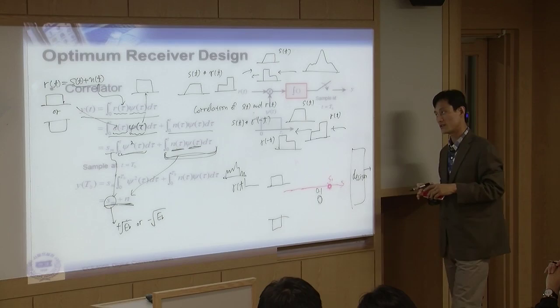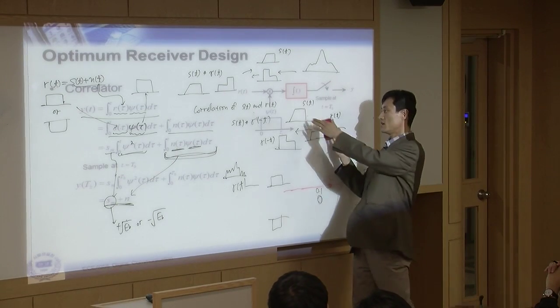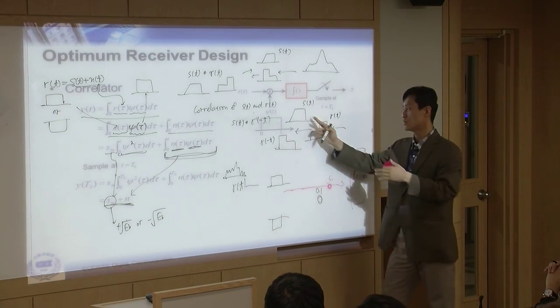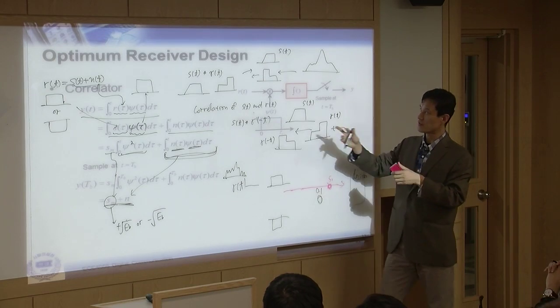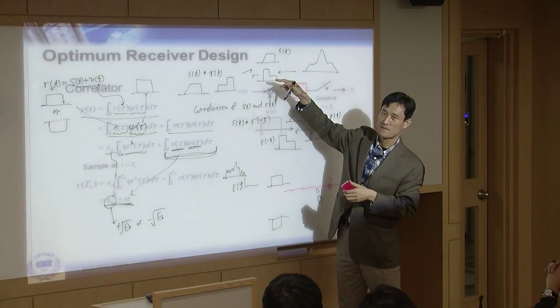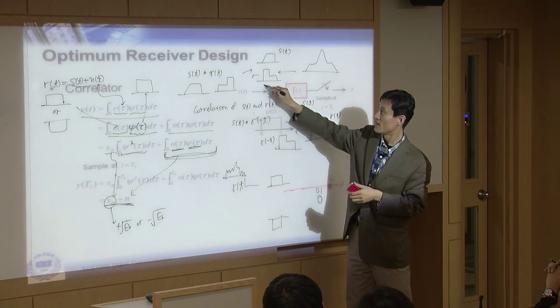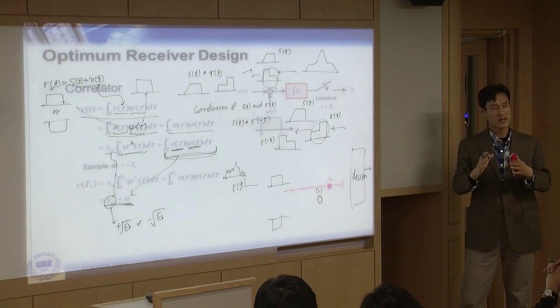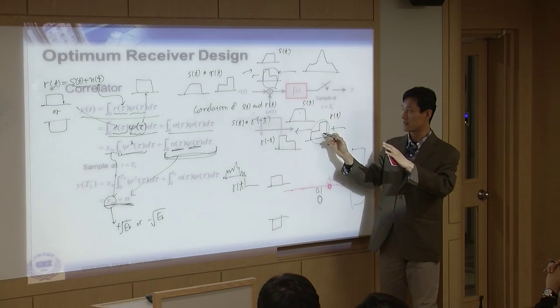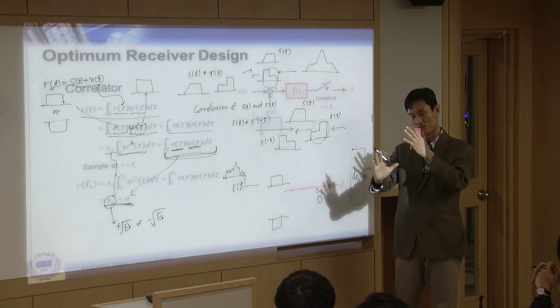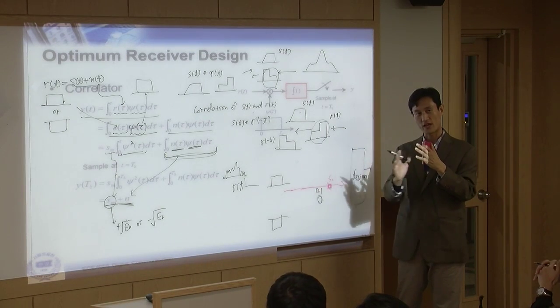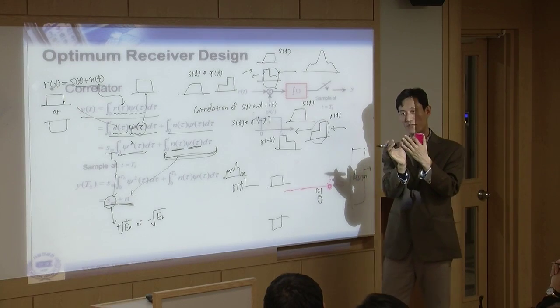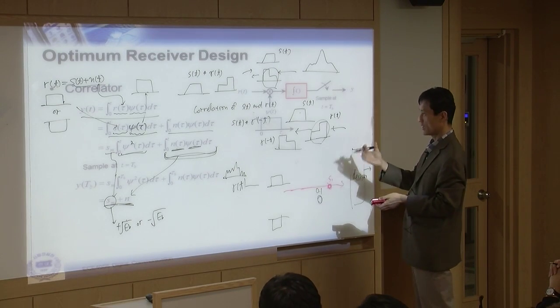Correlation is sliding the original two signals and calculating how much overlap we have. That's the correlation.